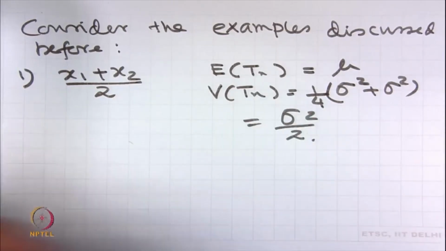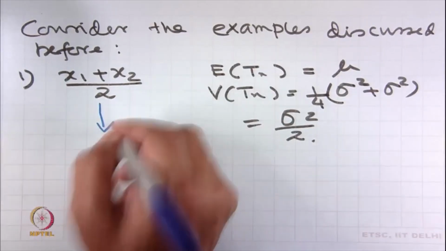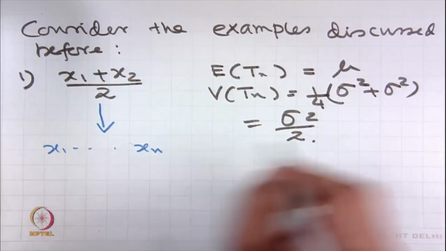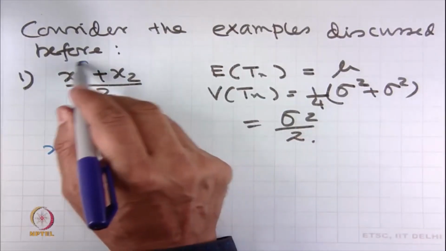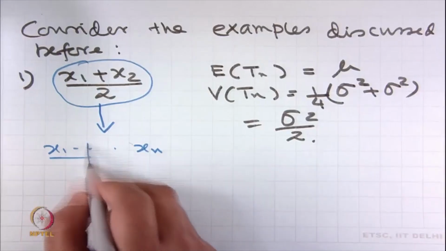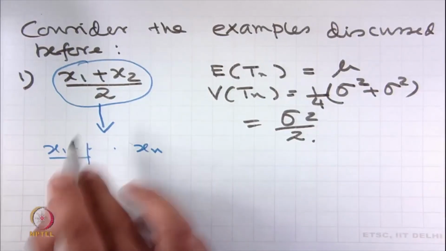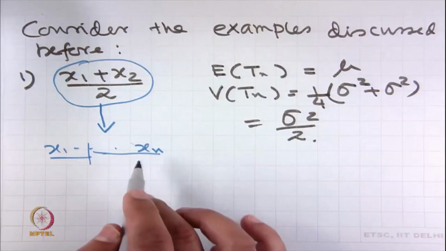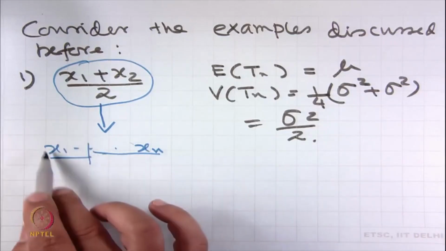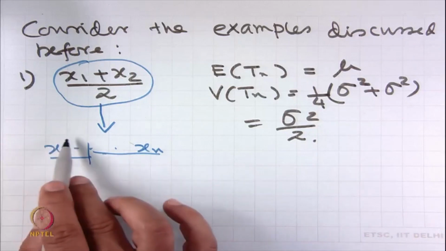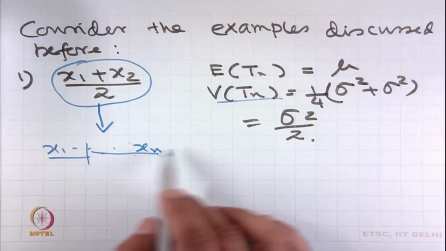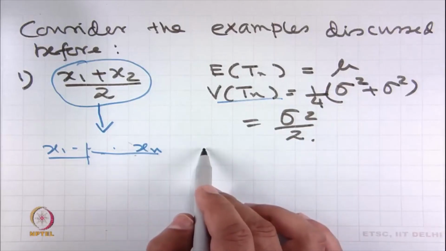First, you notice that even if we have chosen samples x 1 up to x n, we are trying to estimate the parameter on the basis of only the first two samples. Actually, here we are not using the remaining samples. Therefore, the variance of Tn will not change even if we take many different samples.